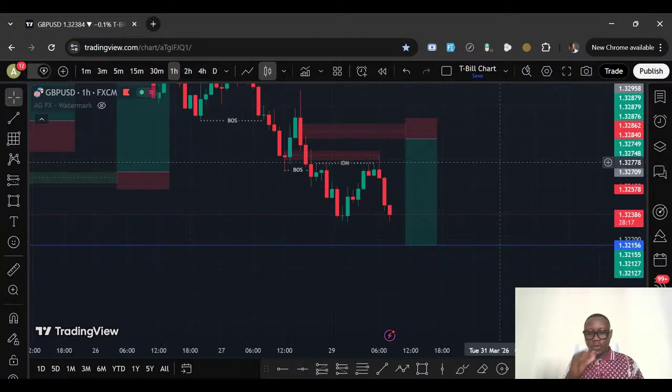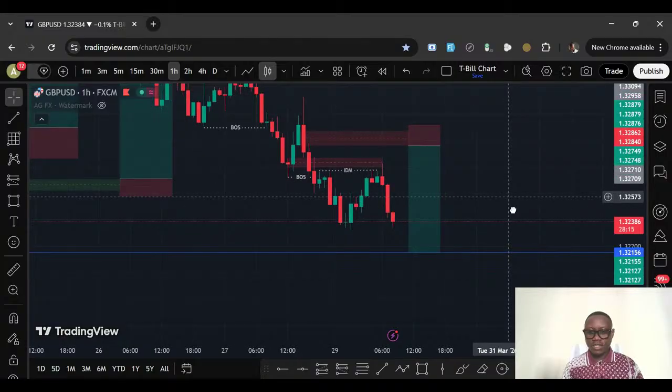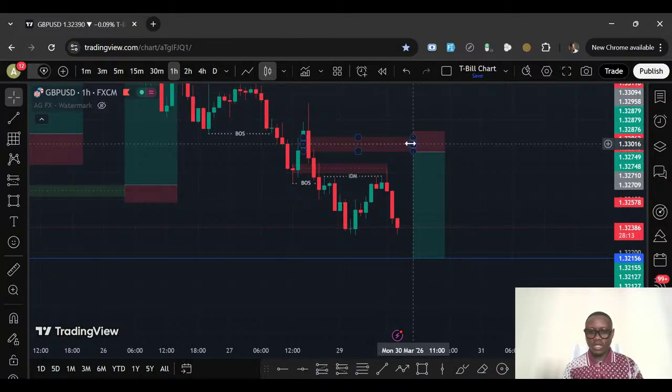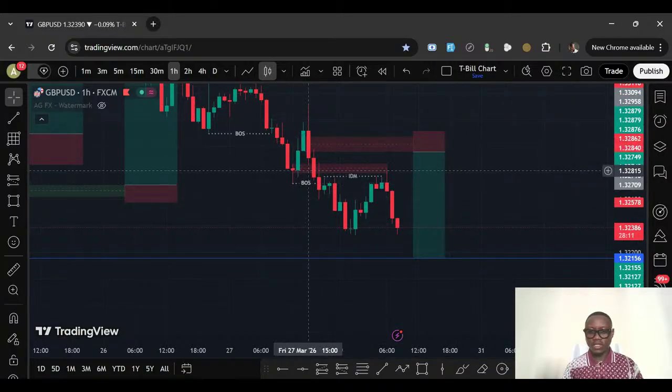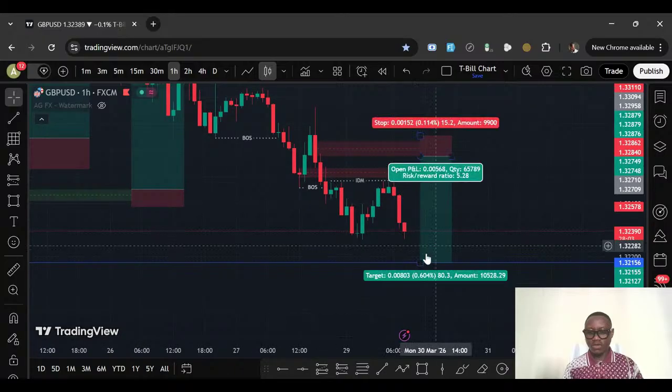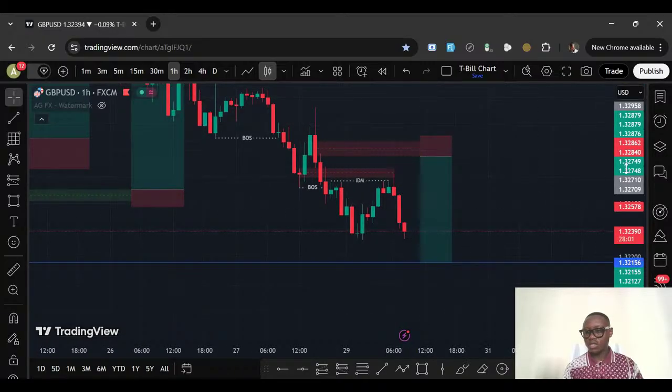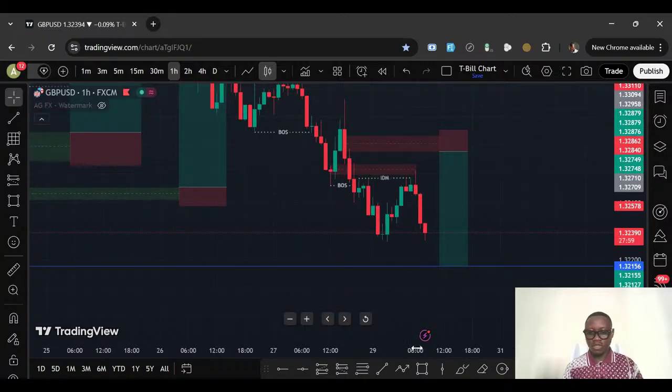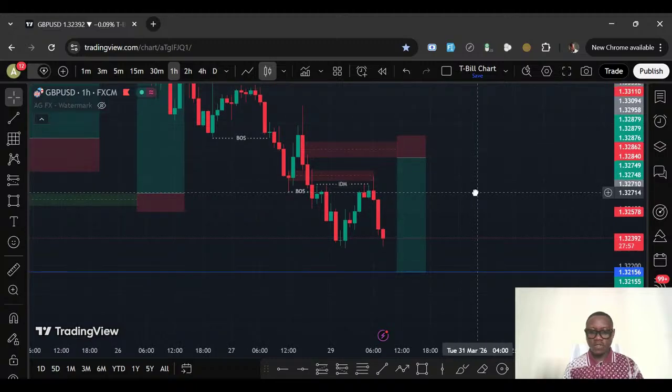Since this breaker block has been mitigated already, we'll wait for price right here. If price eventually gets here, then we'll take this sell to the downside. Until then, let's keep watching.